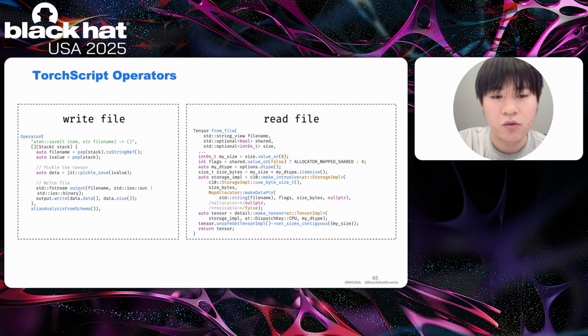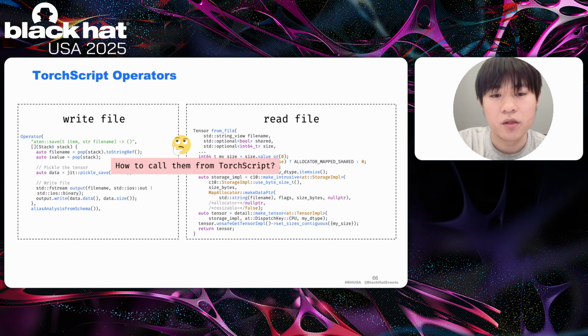This can lead to arbitrary file write, but the saved file contains a lot of dirty data, which is model information. The from file function will read the file which I specify and convert the file content to a tensor, then return the tensor. We can get the file content from the tensor. Now we know these two operators have vulnerabilities.